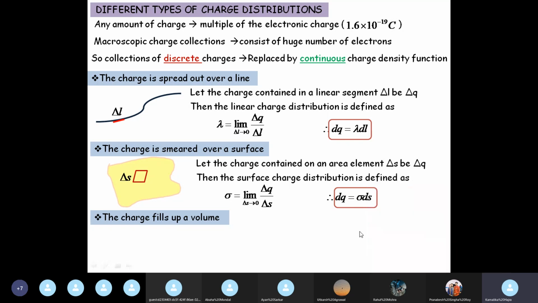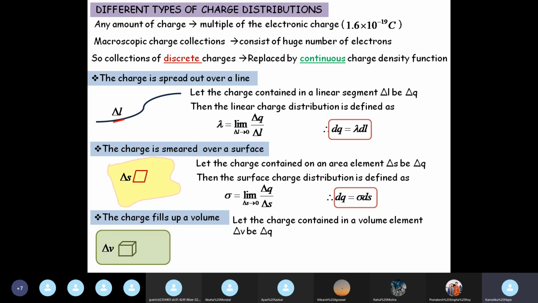So we saw what happens for a line, for a surface, and now we consider that the charge fills up a volume. I could not draw a three-dimensional picture. You have to imagine that this is a rectangular shaped volume. It can be any arbitrary volume, a spherical volume, or not a regular shape at all. Okay, just a volume. And the charge contained in a volume element delta V is delta Q.